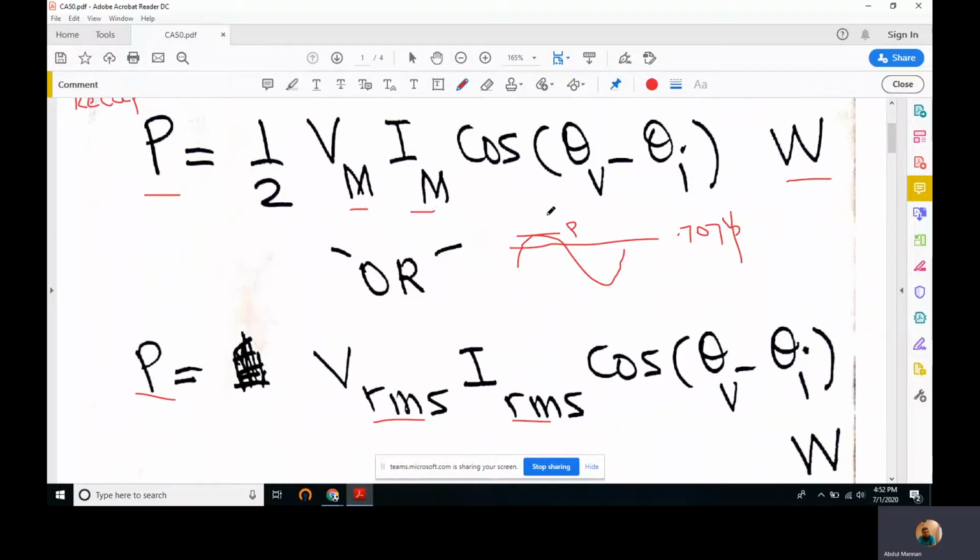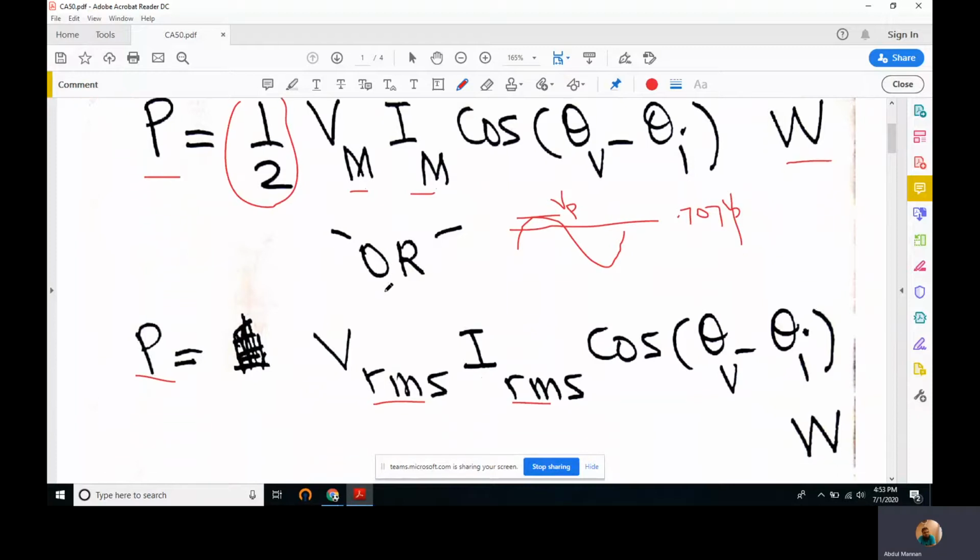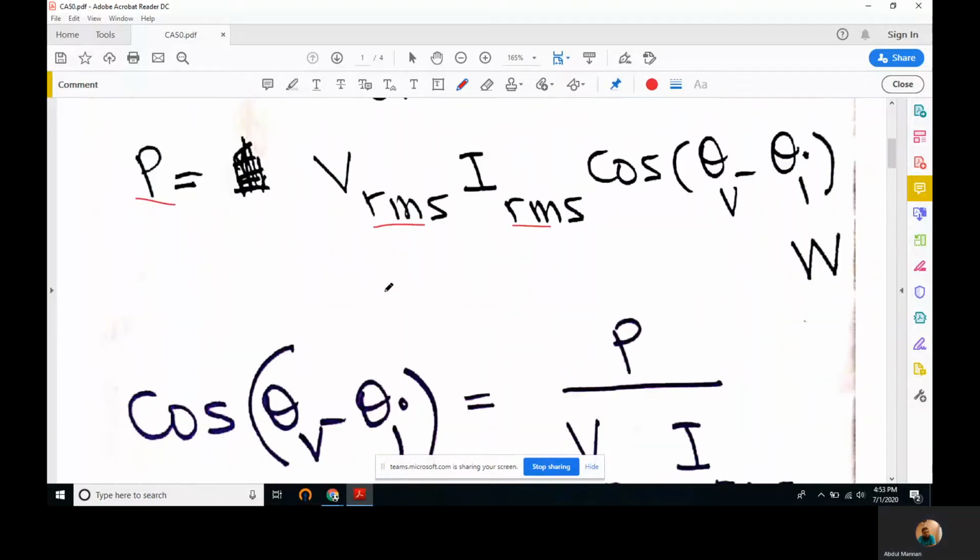So RMS is 0.707 times V peak. In terms of RMS quantities, the same power can be represented without this one half. And we have proved that too in one of our previous lectures.